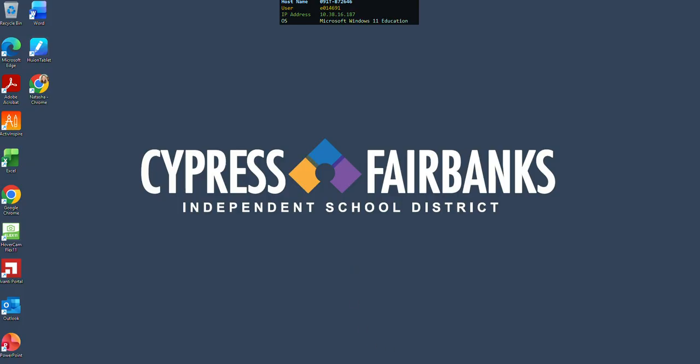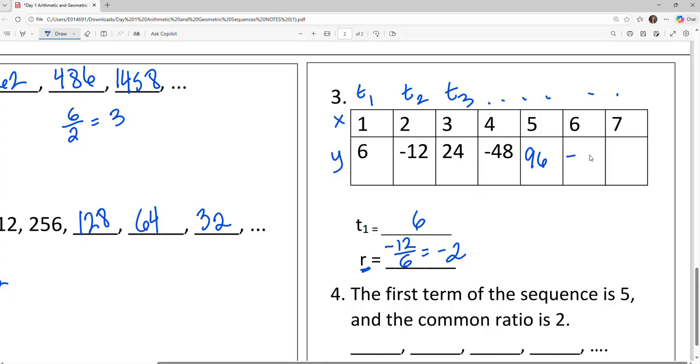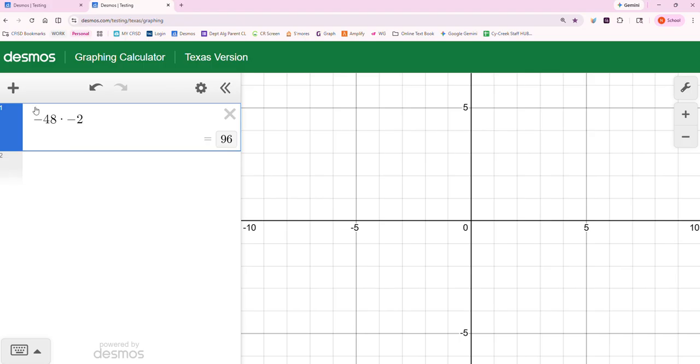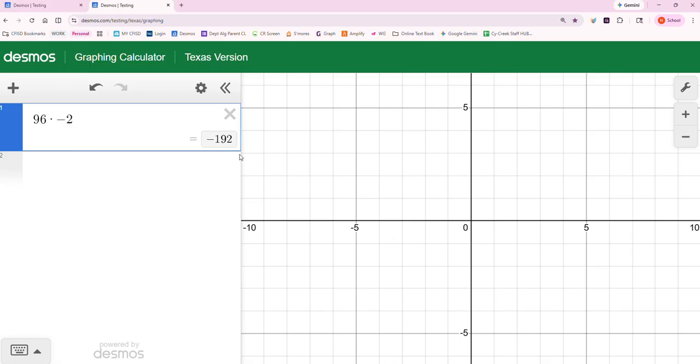Our next one is going to be negative, and then the seventh term is going to be positive, because a negative times a negative gives you a positive, since our ratio is negative. So 96 times negative 2 is going to give me negative 192. I'm going to times that by negative 2, which gives 384.